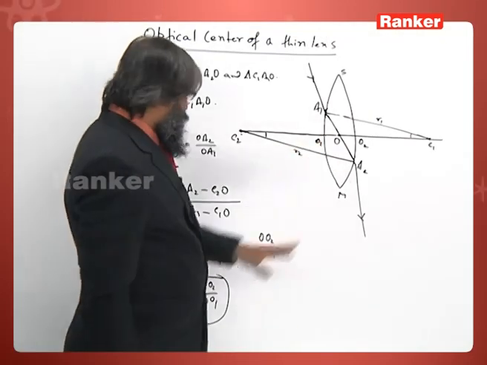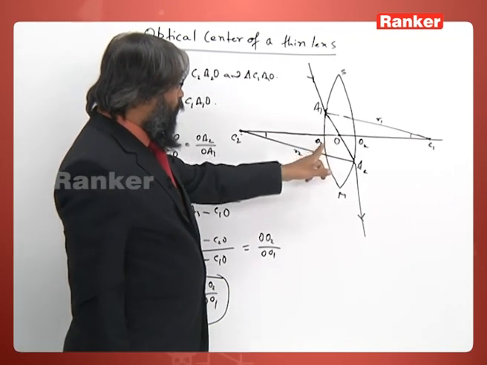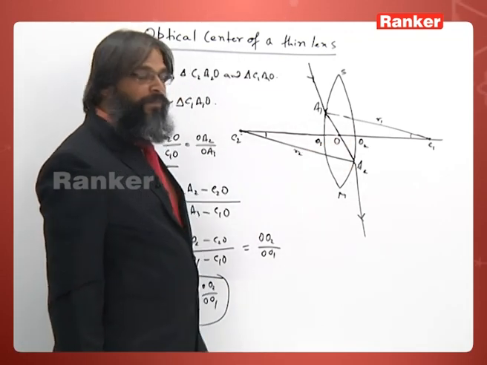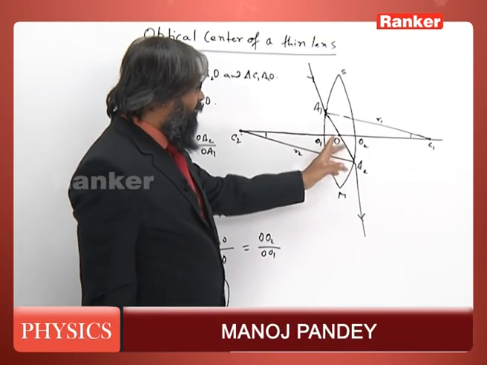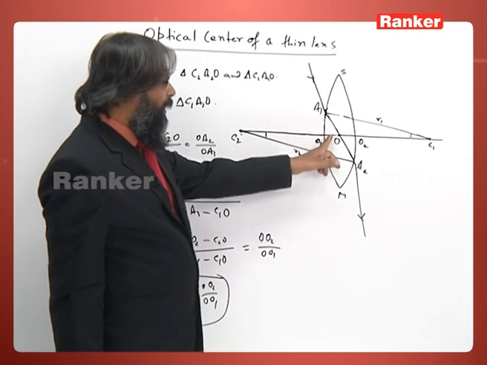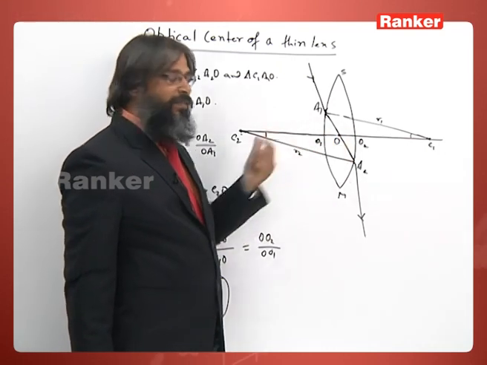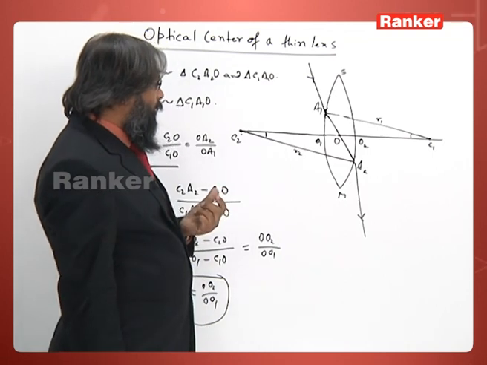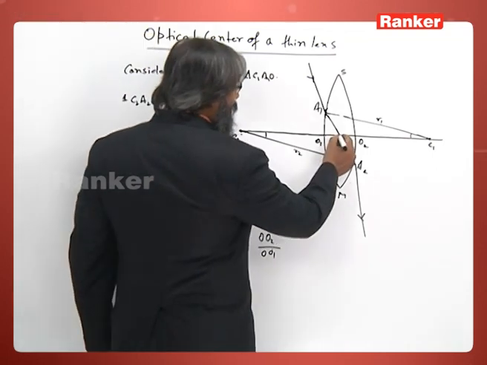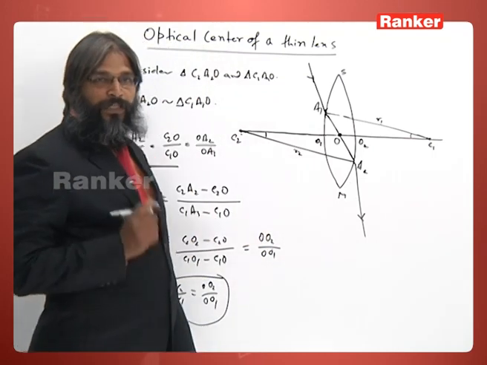If R1 and R2 are the same, then OO1 and OO2 are the same. That is, O is symmetrically placed. But if R1 and R2 are different, this O is not in between, at the center of the lens. So the geometrical center of the lens is not always the optical center, first point.